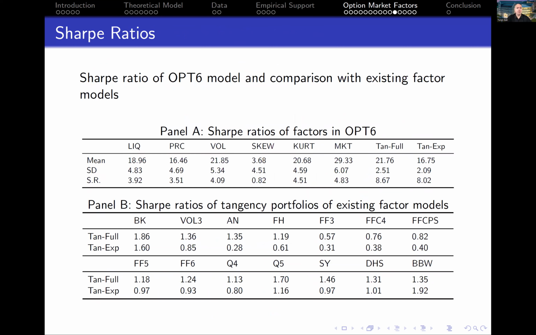Next, we look at Sharpe ratios. Here, we calculate the Sharpe ratio of each factor as well as the Sharpe ratio of the tangency portfolio. A typical Sharpe ratio, most of us are familiar with if you are working with stock data, is the S&P 500 index.